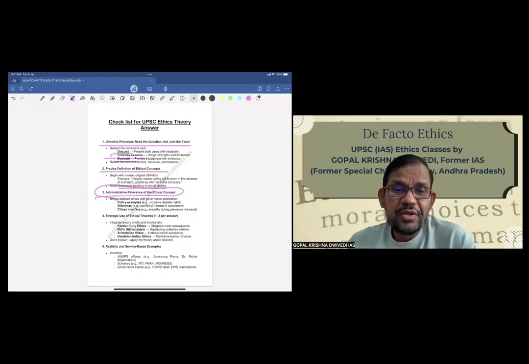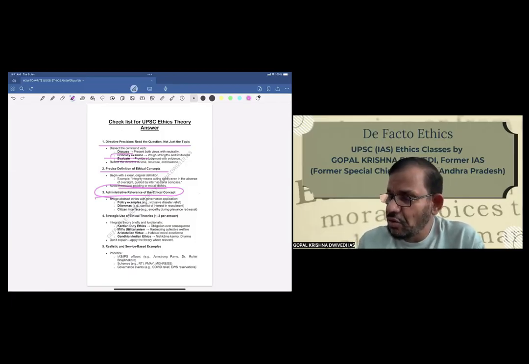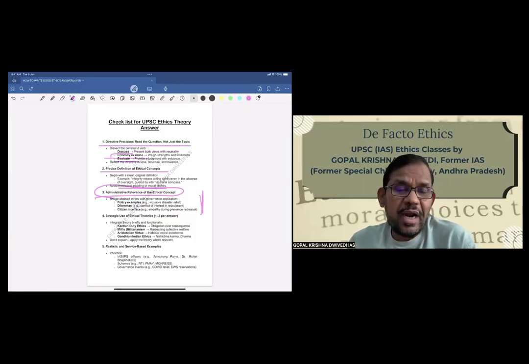You can mention actual administrative actions taken by good officers and important bureaucrats. But a word of caution: don't name any controversial officer, because then you are taking a risk. Select an officer and example which is non-controversial and aptly applicable to the question you are answering.